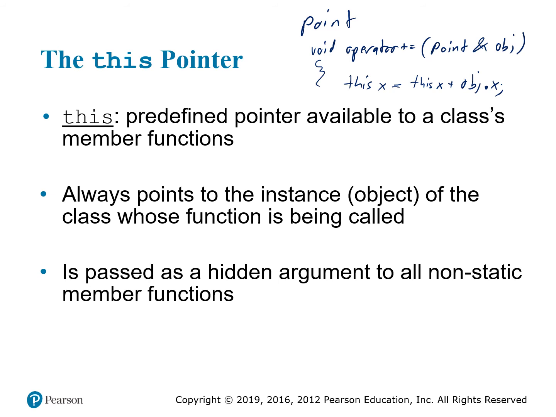Well, this is actually a predefined keyword built into C++, and it's defined as a pointer to your current object. So you would say this arrow operator x equals this arrow pointer x plus object dot x.